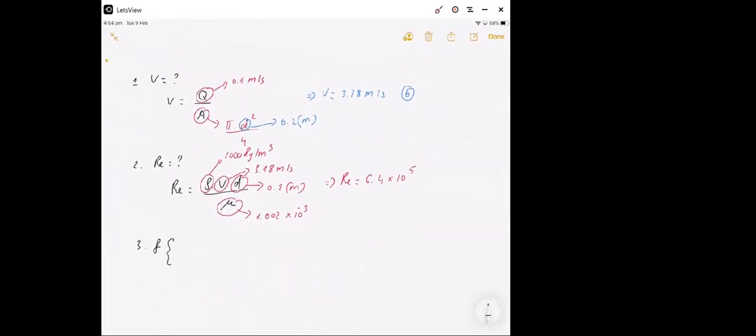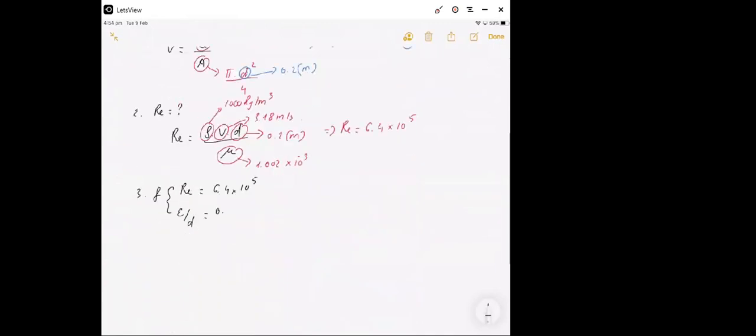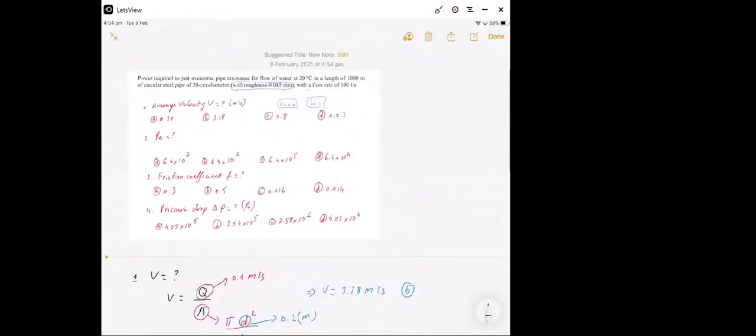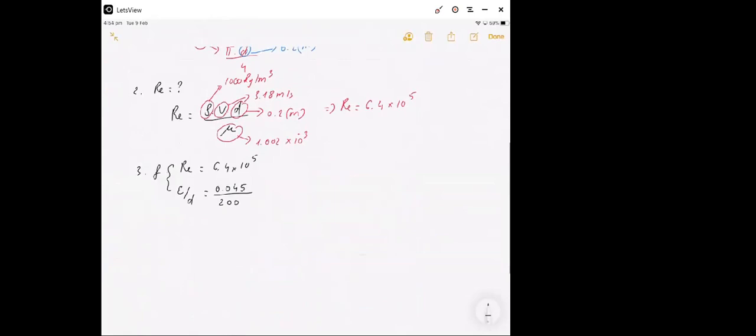F is based on Reynolds number 6.4 times 10 power 5, and epsilon over D, the relative roughness. Roughness is 0.045 millimeter. Diameter is 20 centimeter or 200 millimeter. So this one will be equal to 2.25 times 10 minus 4.